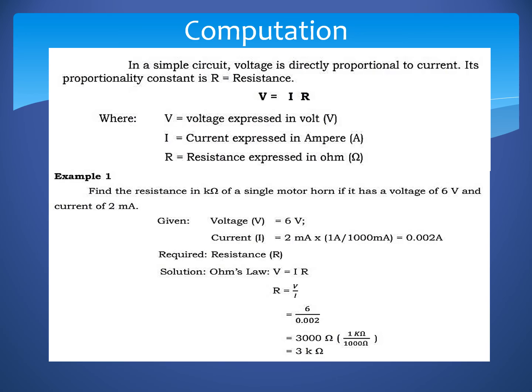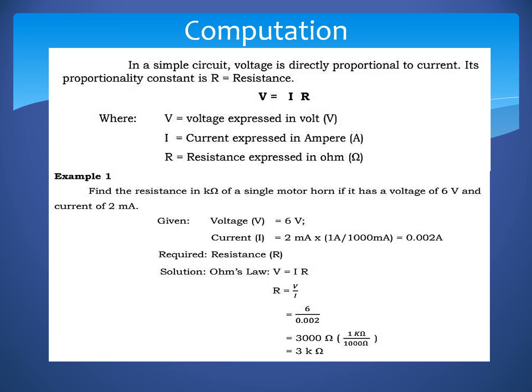The mA stands for milliampere. So for every 1 ampere, we have 1000 milliamperes. So we convert it and you will get 0.002 A.